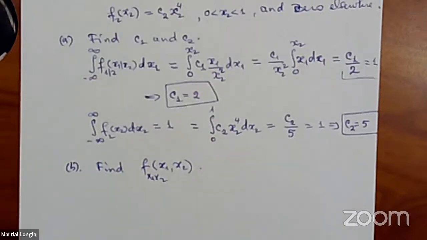How do we do this? We have the conditional distribution of x1 given x2, and we have the distribution of x2. How do we find the joint distribution of x1, x2?